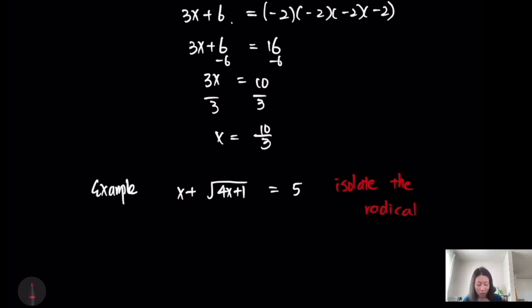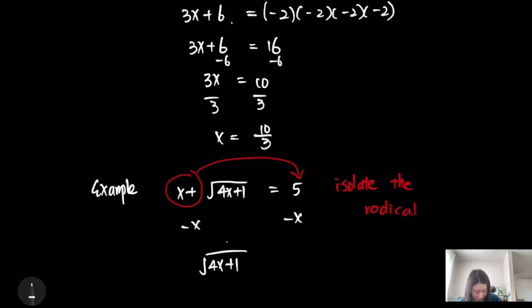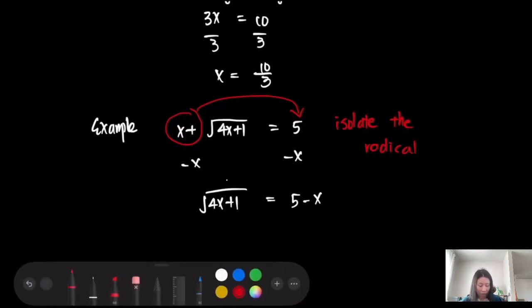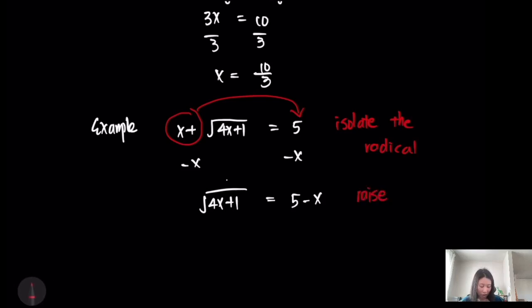That means you want to move everything without the radical to the other side of the equation. In this case, it's going to be the right side. So in here, I subtract x on both sides. I have the square root of 4x plus 1 equals 5 minus x. Now I can raise both sides to the second power, which is to square them.